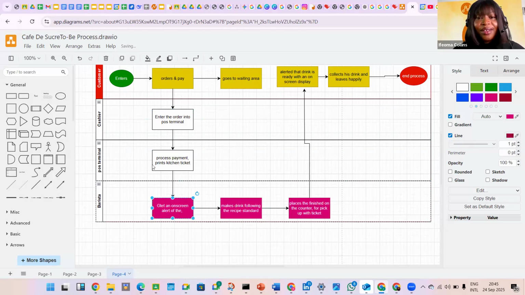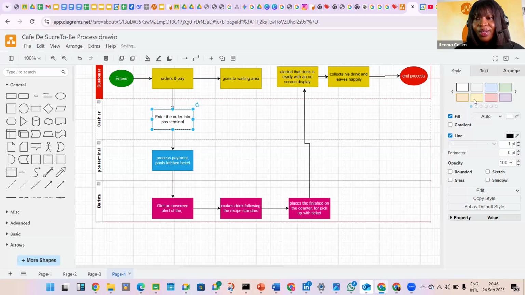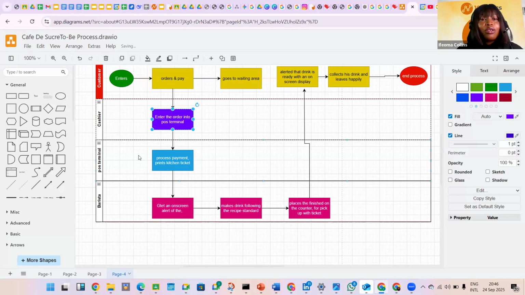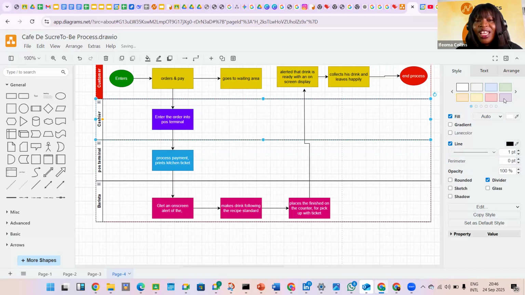So for the POS terminal, a lot of POS have this color. Let's use this. And then what else can we use here? Can use this purple. Oh, I haven't used purple. Yes, is this purple? All right, yeah. You can also go on to color all this just to give it more life, make it pop. You can also do that. All right, so let's just do this. Okay, so let's look at this.